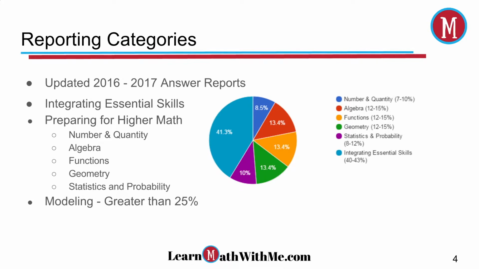Now, they've also created another category of modeling, and that's going to be in greater than 25% of your total questions. So, within the integrating essential skills and the preparing for higher math categories, greater than 25% of those questions will contain some type of modeling aspect to it. It's going to be a little bit more than just asking you to, let's say, arrange fractions from least to greatest or solve some particular equation.